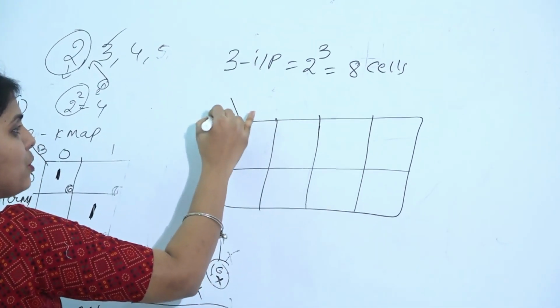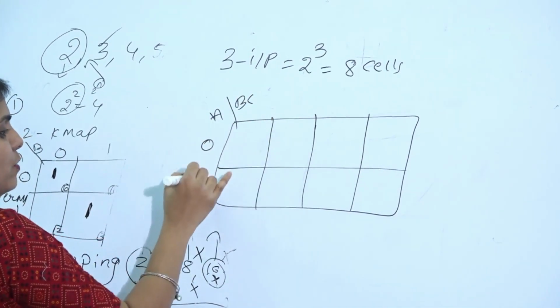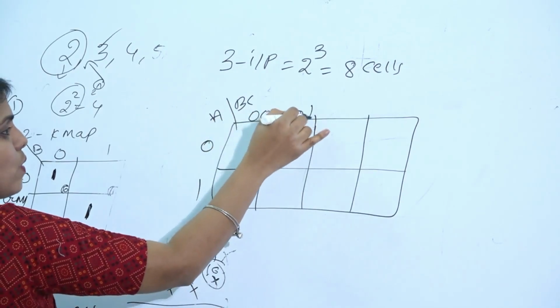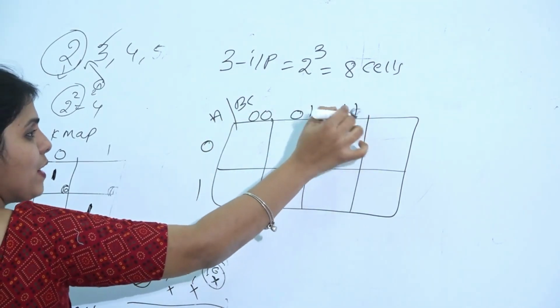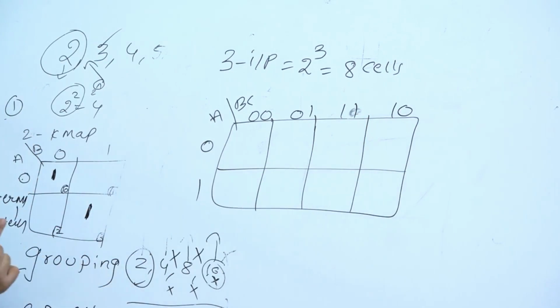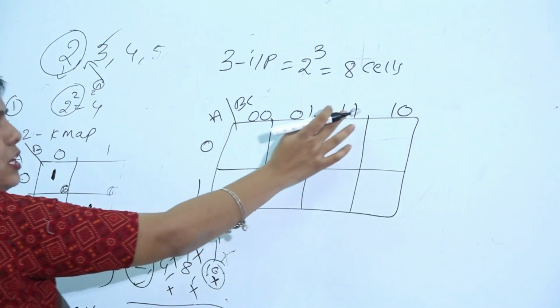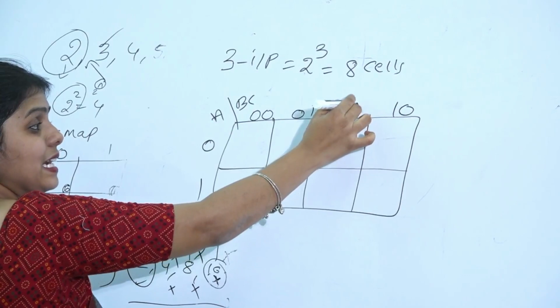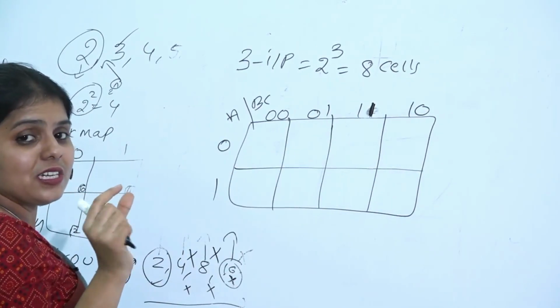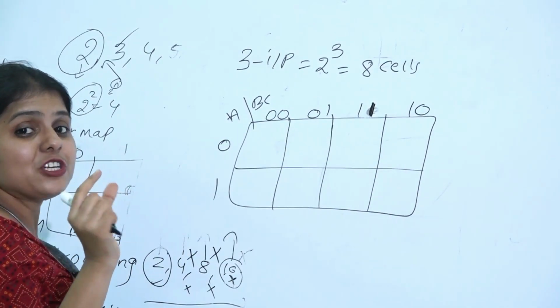So here I'll put A, B, C, 0 and 1, and 0, 0, 0, 1, 1, 1, 1, 0. Please make a note of this. We are not putting 1, 0 here. We are going with Gray code. The 2 variable numbers should be adjacent to each other.